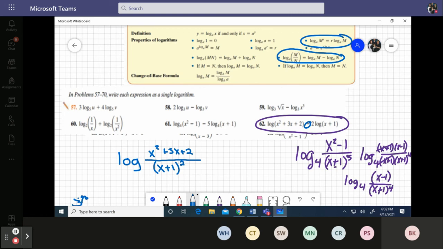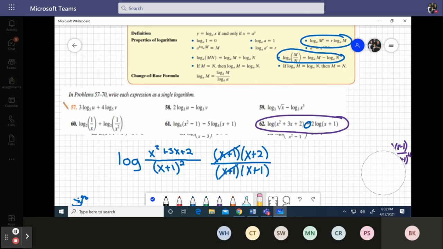And now it's going to be x plus 1 times x plus 2, and break that bottom back down to x plus 1. So my final is going to be x plus 2 over x plus 1.